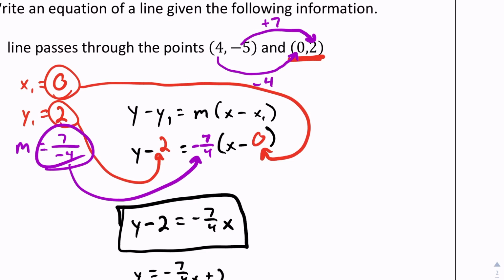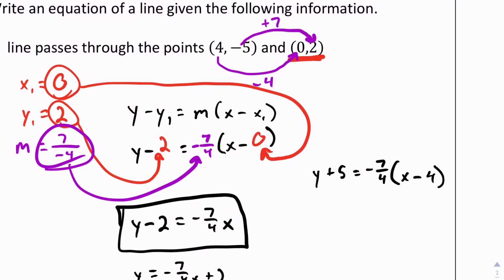Now, if I went through, and you don't have to copy this down, just listen and learn, if I put these numbers in, the 4, -5, it will be y plus 5 equals, we're going to have the same slope because we're using the same 2 points, right? And x minus 4.